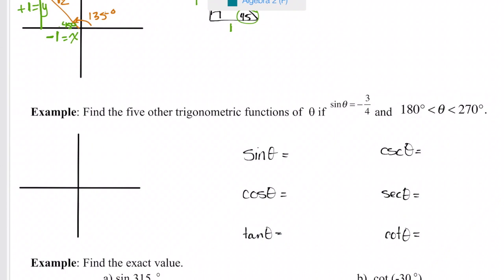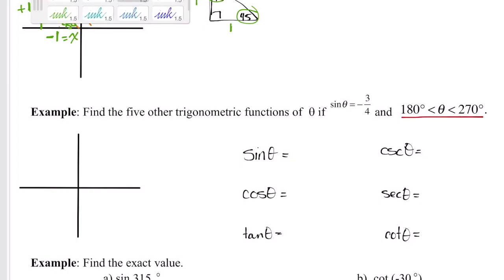So for my next example, they want us to find the 5 other trigonometric functions of theta if we have our sine theta of -3/4 and our angle is somewhere in between 180 and 270 degrees. So when they tell me the 180 through 270, that means that we're looking in the third quadrant. So I'm going to go ahead and draw a little angle in the third quadrant.